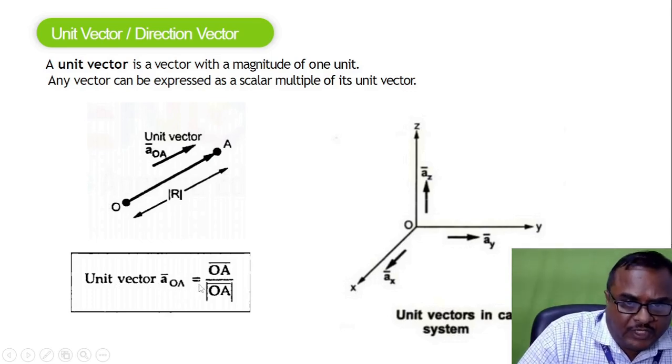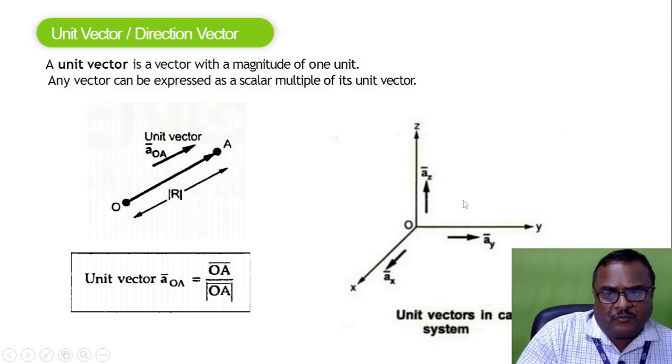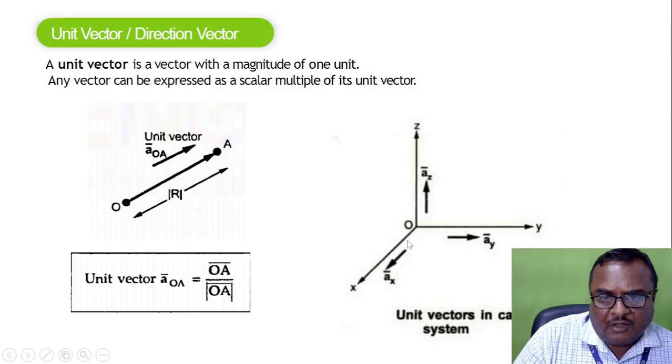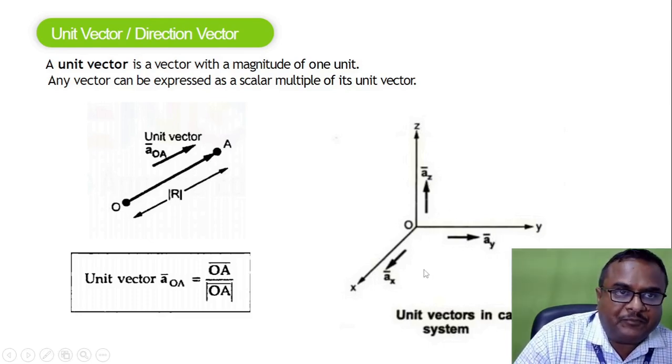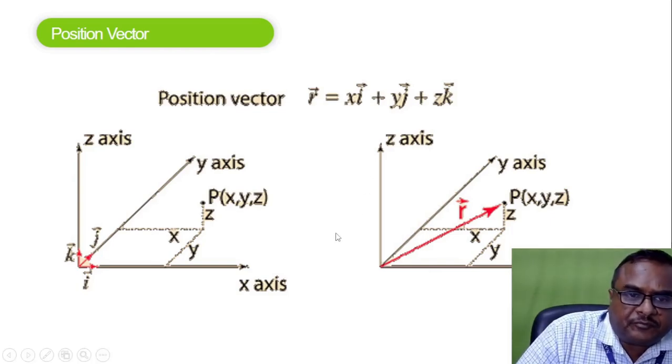Then the unit vector along vector OA equals that vector divided by its magnitude. Similarly, we can represent it like this: along the x-axis we have the direction ax cap, along the y-axis ay cap, and along the z-axis az cap.